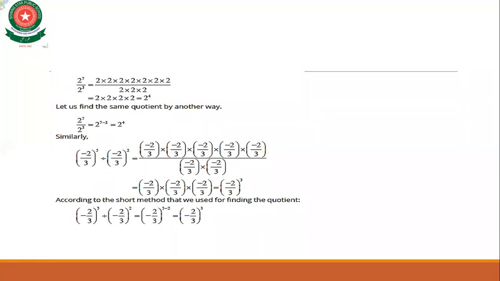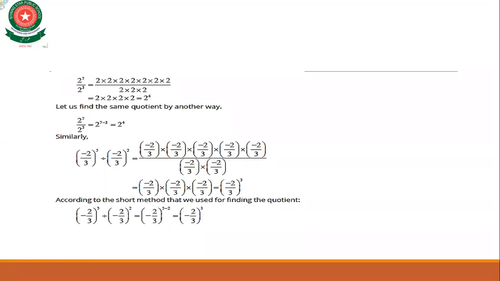Similarly, minus 2 by 3 power 5 divided by minus 2 by 3 power 2. It is the same as before: minus 2 by 3 power 5 means we just have to multiply minus 2 by 3 five times, and in the denominator we will multiply it 2 times.